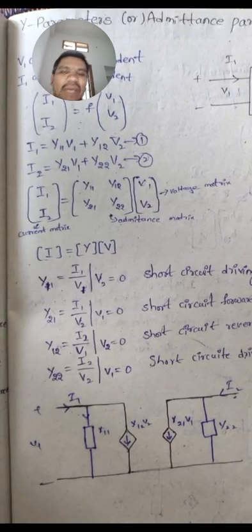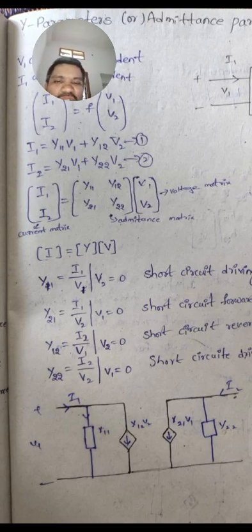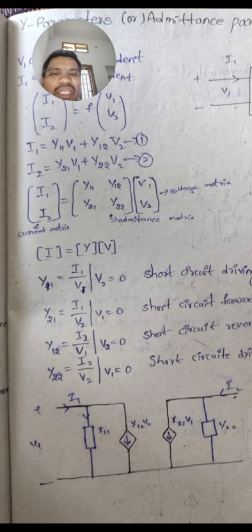For the second parameter, we substitute V1 equals 0 in equation number 1.